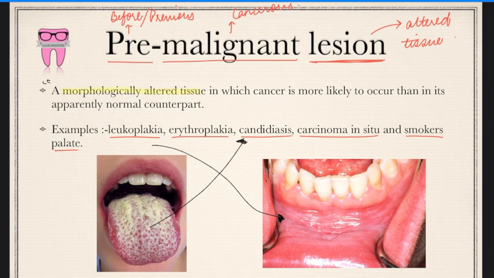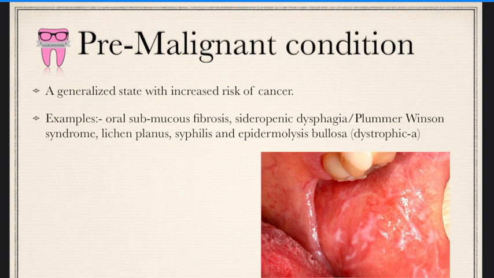Now moving on to the next terminology, pre-malignant condition. Unlike in lesion, there was only one altered tissue, but in condition there are many tissues involved and this spreads over a large area. Now let's see the definition. Pre-malignant condition is defined as a generalized state in which there is increased risk of cancer.